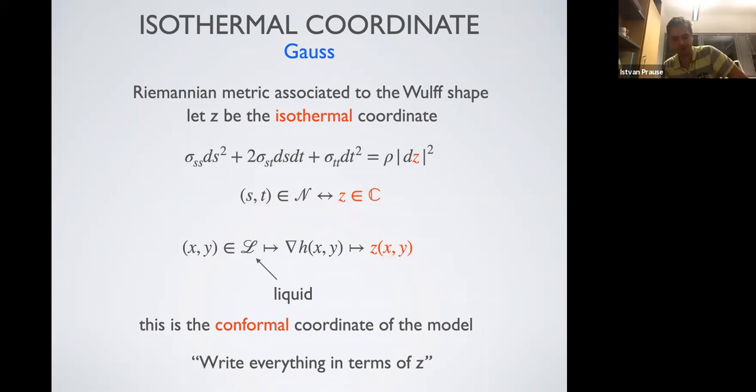So we have this mapping, a complex slope mapping from the liquid region to the complex numbers. And this turns out to be the right conformal coordinate of the model. So now the slogan is to write everything in terms of this complex Z.